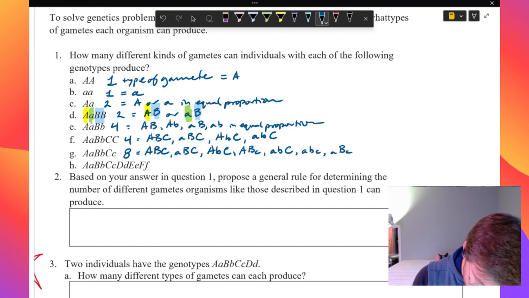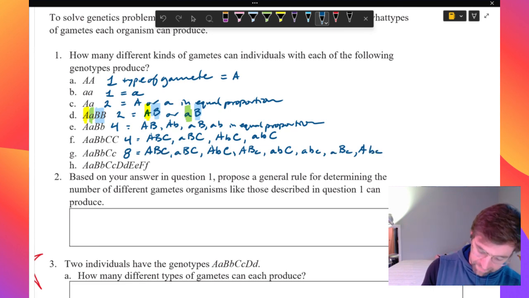I'm forgetting one. A, B, C. There. Cool.